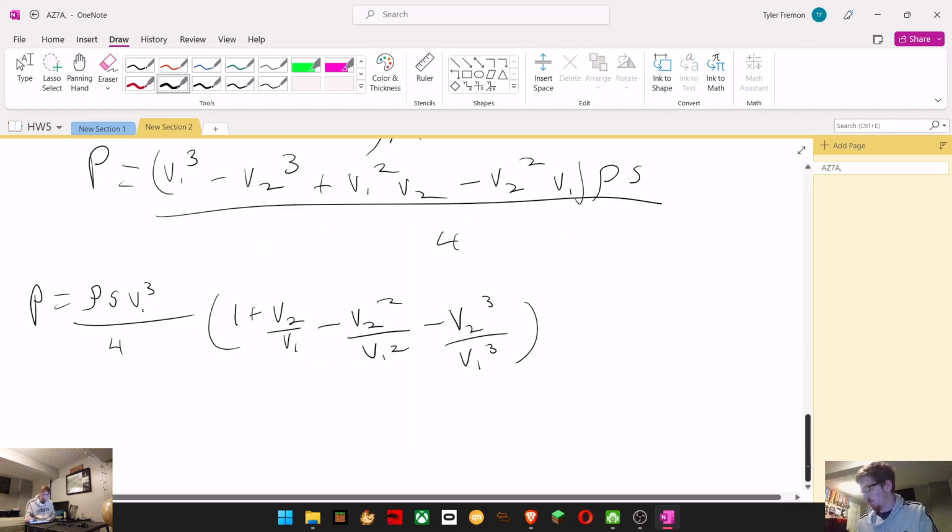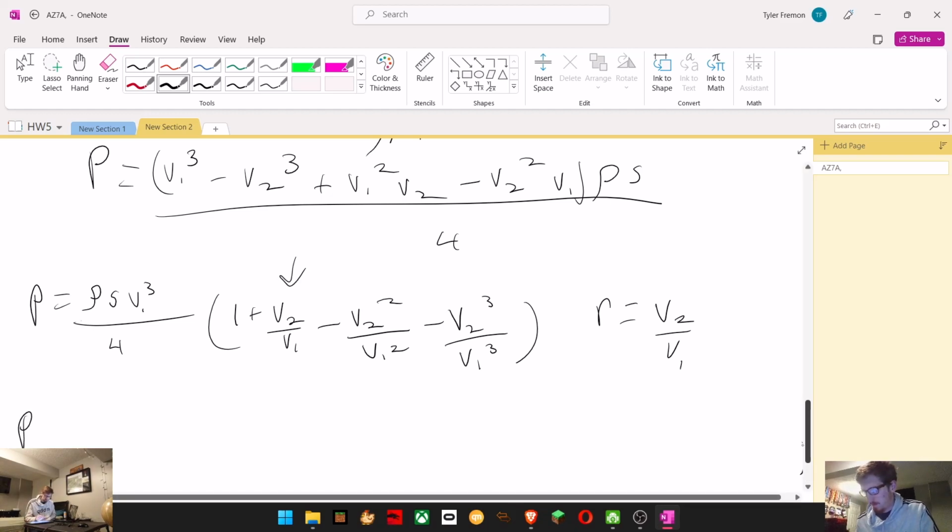And then what we're trying to find is the optimal ratio of the outlet to the inlet flow. I think I said inlet to outlet before, but the way we're going to look at it is outlet over inlet. So we're going to have R is equal to V2 over V1. So we're going to substitute that in for each of these terms here.